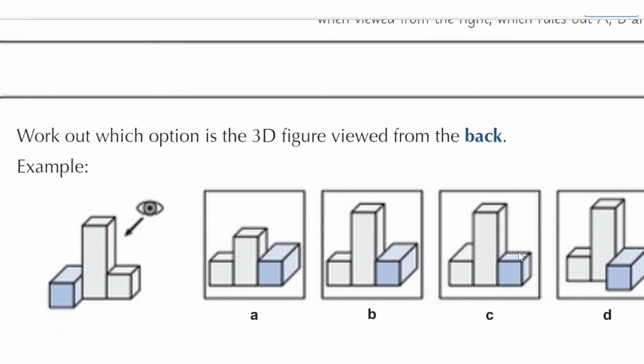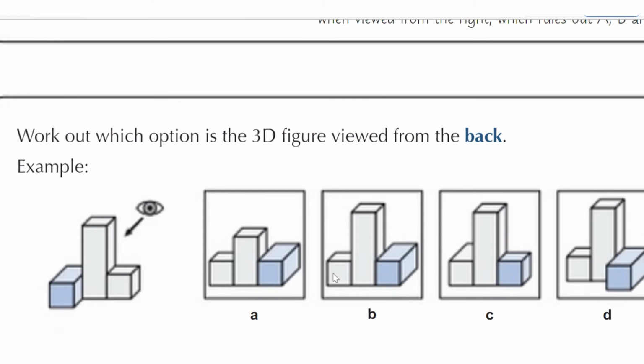Here's another one. Work out which option is a 3D figure viewed from the back. Okay, so if you have to look at it from the back, you should have that on your right, a tall one, and a cube on your left.